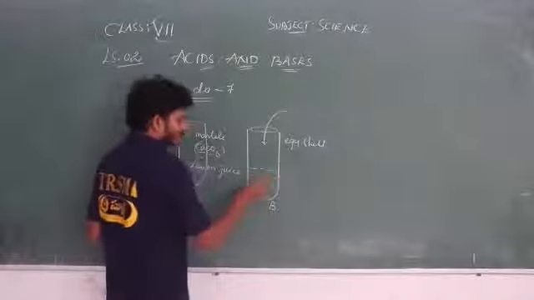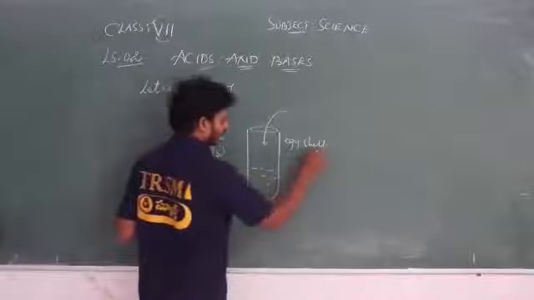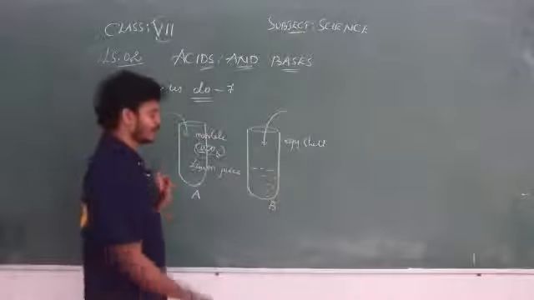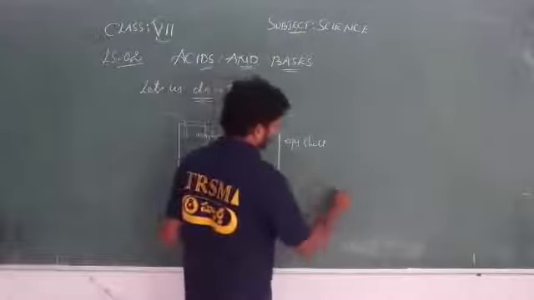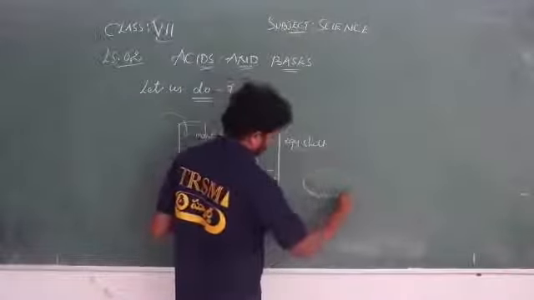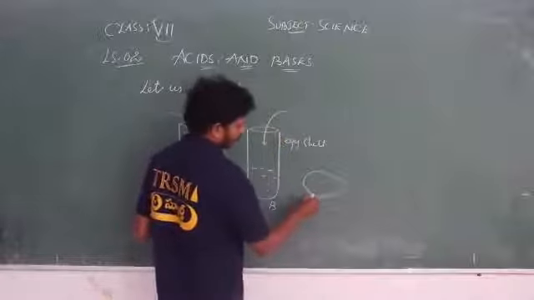Now in the second test tube, along with this lemon juice, what else are you taking? You are taking eggshell. You know very well about the egg, which is white in color. This is the egg.